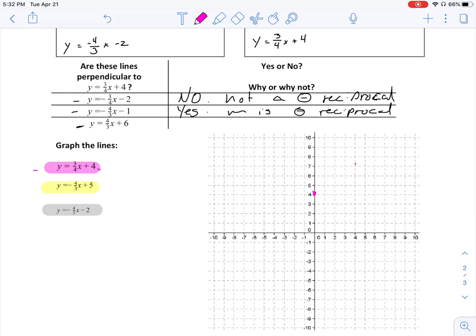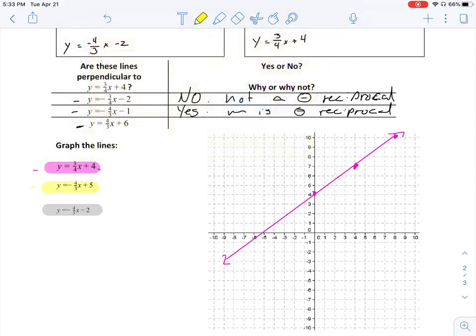Now we get this point here. Now we continue that. 1, 2, 3, 1, 2, 3, 4. Now I have a line that goes through these 3 points like this, as best I can. So that would be that line.